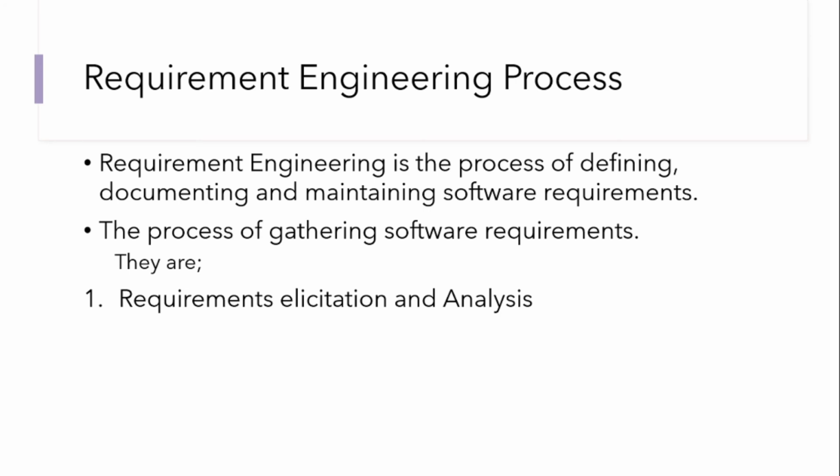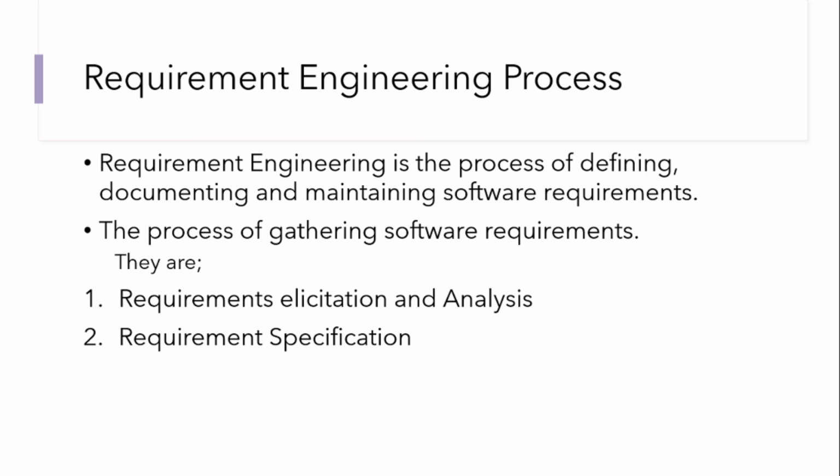So requirement elicitation and analysis focuses on gaining much knowledge, and this knowledge can be obtained from sources such as the customers, the business manual, existing software, and other stakeholders. It is about you broadening your knowledge about the problem domain.